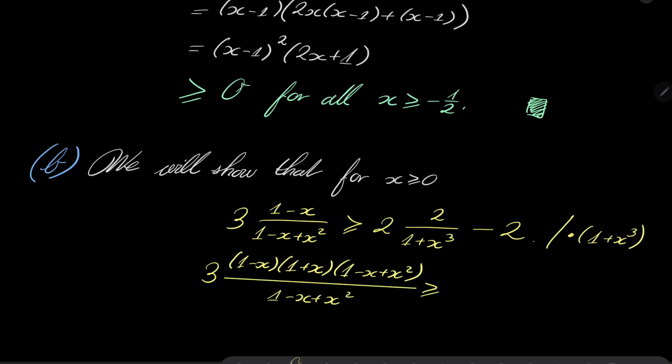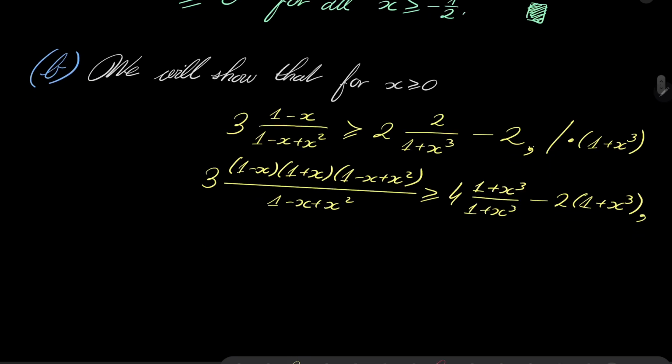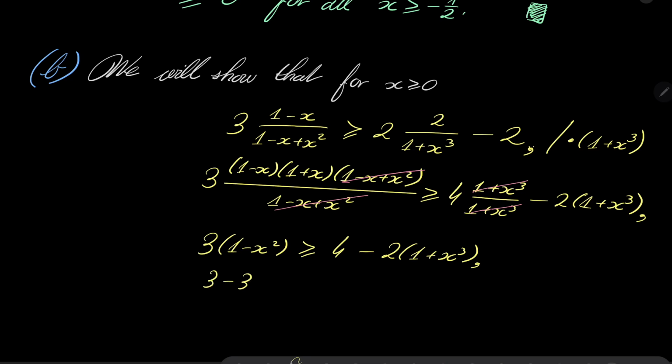Greater than or equal to 4 minus 2 times (1+x^3). Right? And now, simplifications. This cancels with that, and we have 3(1-x)(1+x), that is 3(1-x^2), greater than or equal to 4 minus 2(1+x^3). And now 3 - 3x^2 is greater than or equal to 4 - 2 - 2x^3.